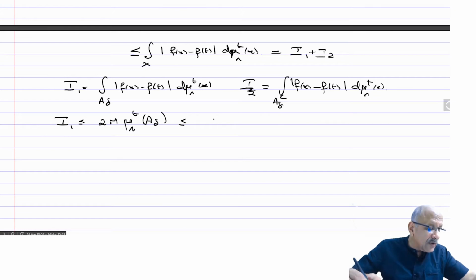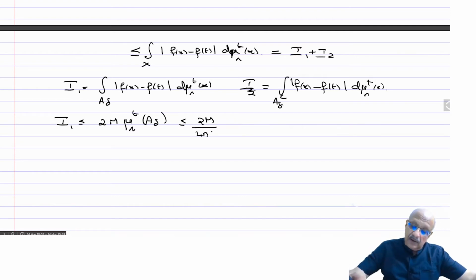So this is less than or equal to 2M by 4n delta square.